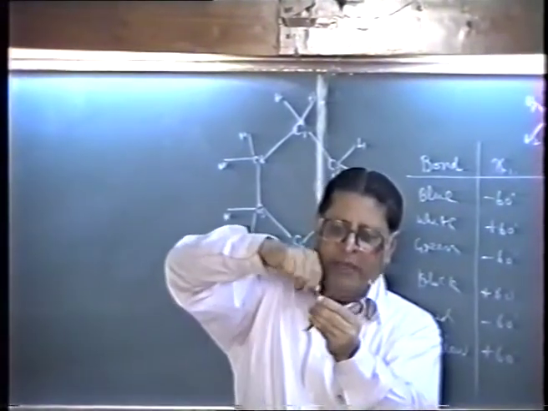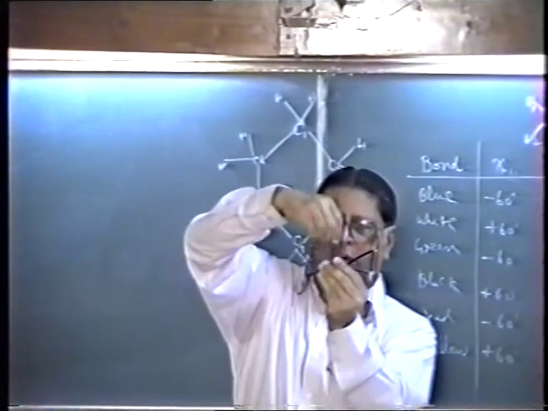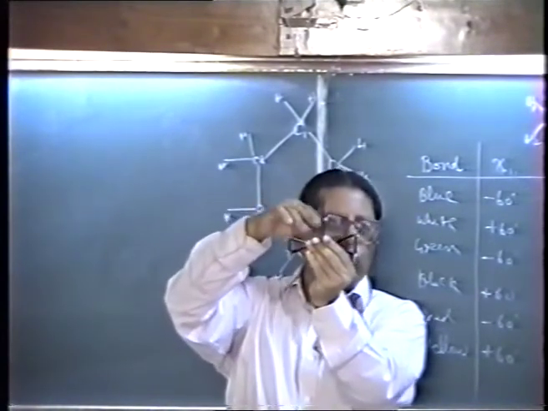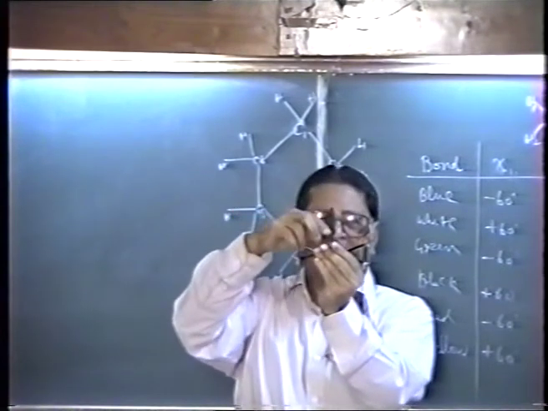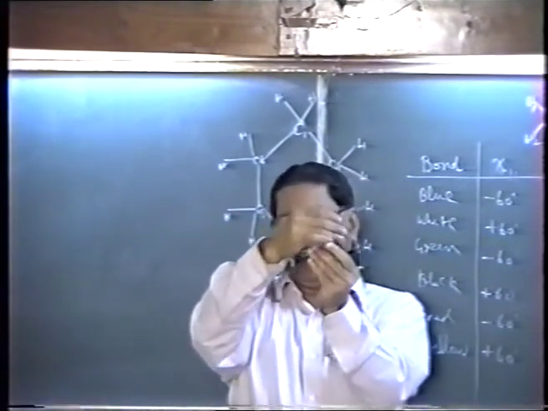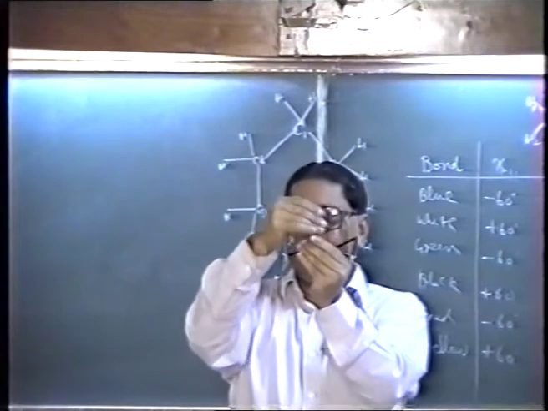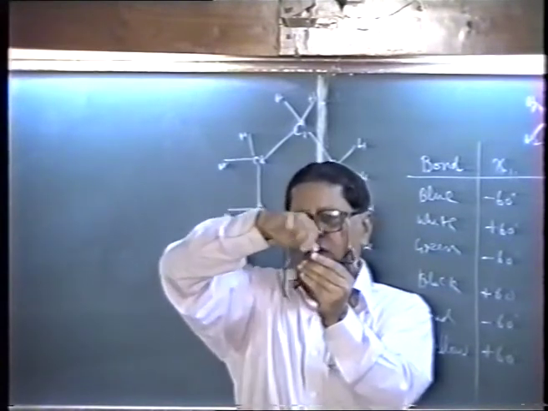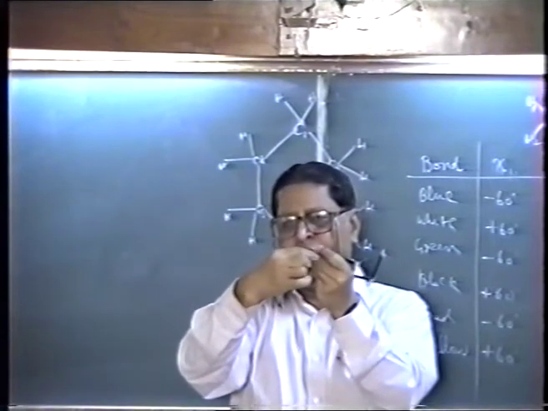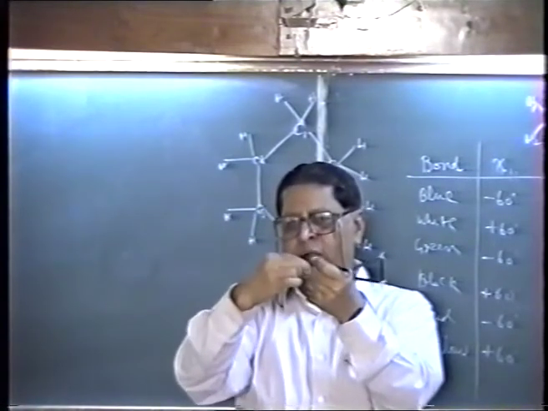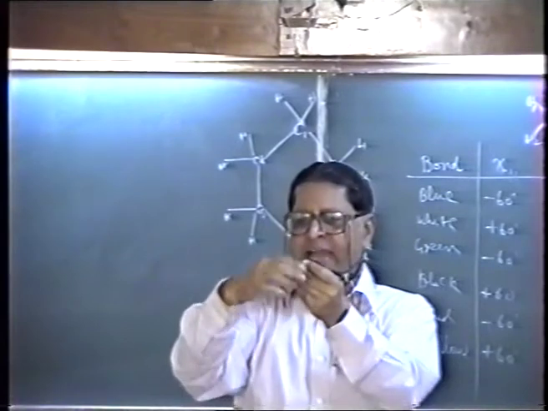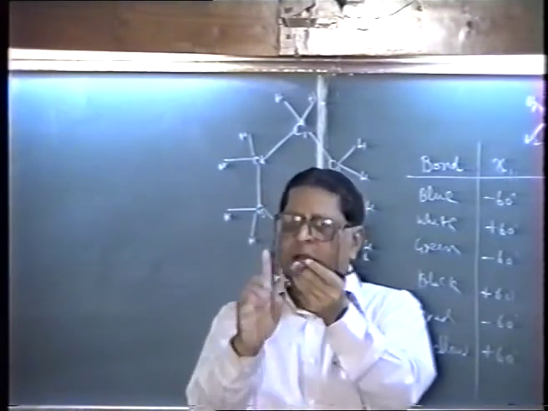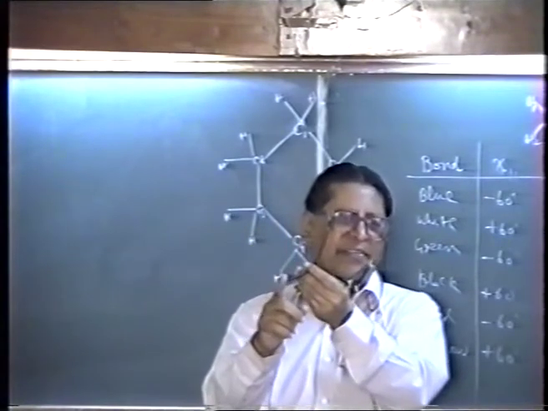Now you see, when I put the bond here and without disturbing anything, this bond is almost perpendicular to the plane. So this direction, you call it axial direction. On the other hand, if you don't want to put the bond here, and if you want to put the bond here, you will find that this bond is not exactly parallel to the plane, but slightly inclined to the plane, but it is not perpendicular to the plane definitely.